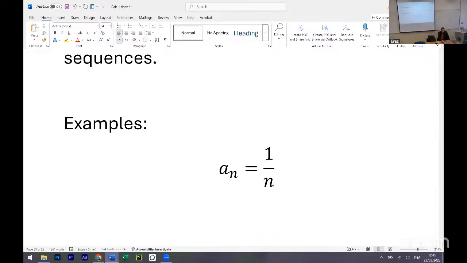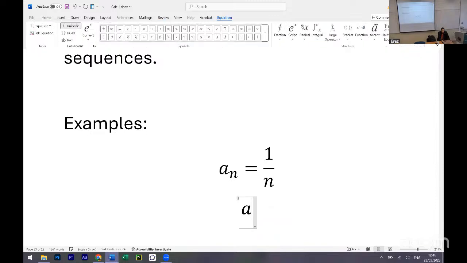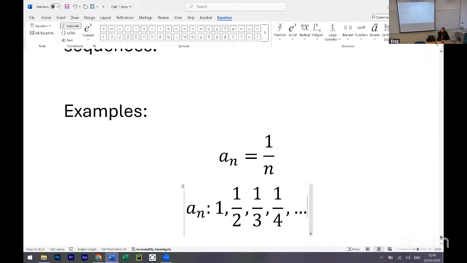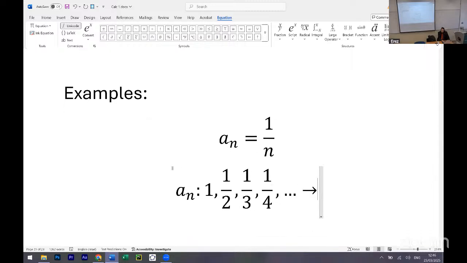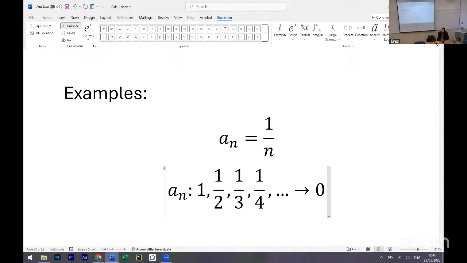So a_n is built from the first element, which is 1, and then the next element is a half, and then 1/3, and then a quarter, and so forth. Do you agree? If I would ask you what you think the limit of this sequence is, what will you say? 0, you will be right.